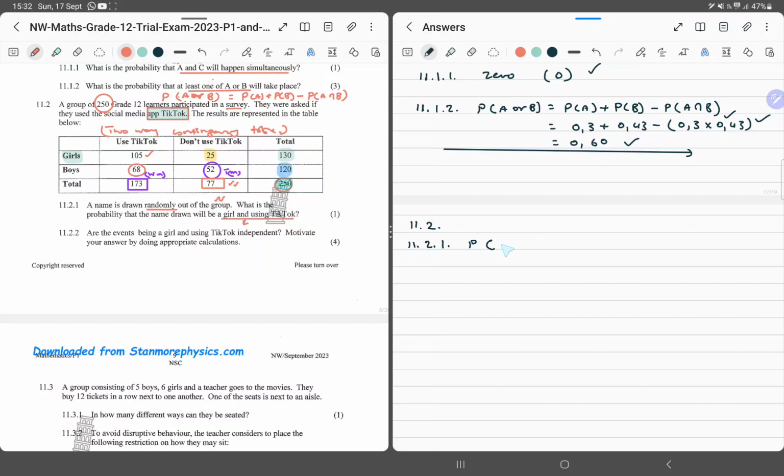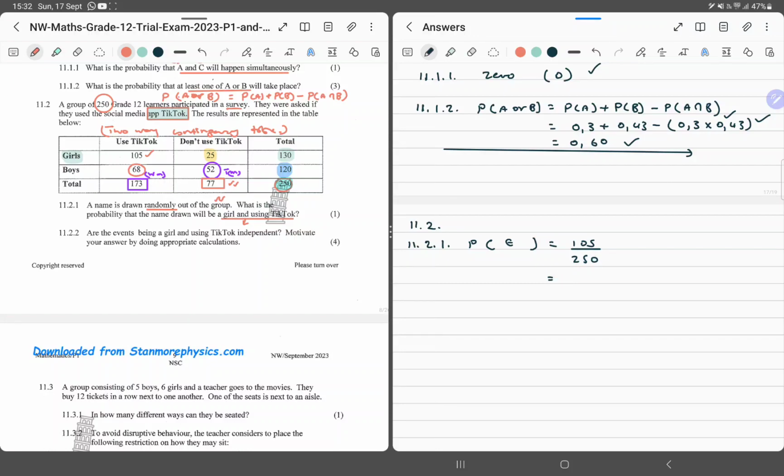So you can say the probability of being a girl intersect TikTok, because you want these things to happen simultaneously, is 105 over the total, which is 250.